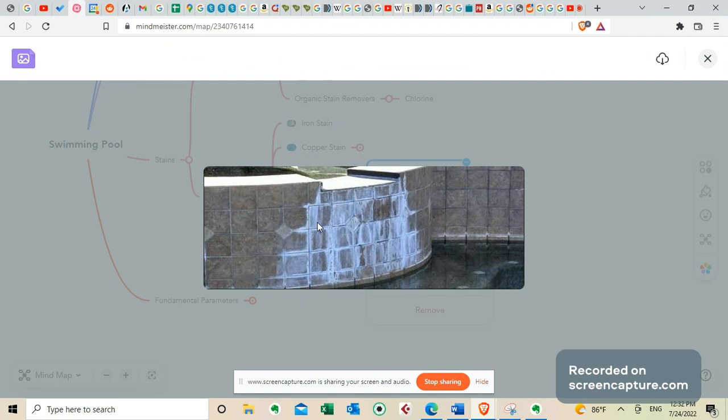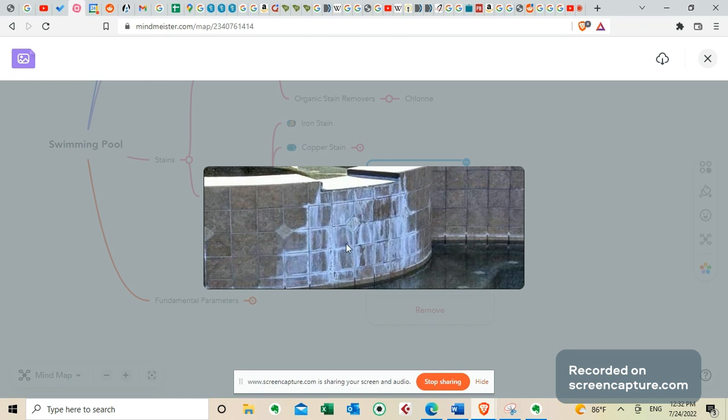If you see a white powdery residue, especially on tiles or above your pool, like in this case, a water fountain or waterfall, as the water was falling down, the calcium was left behind. Calcium's in the water, but it stays behind.